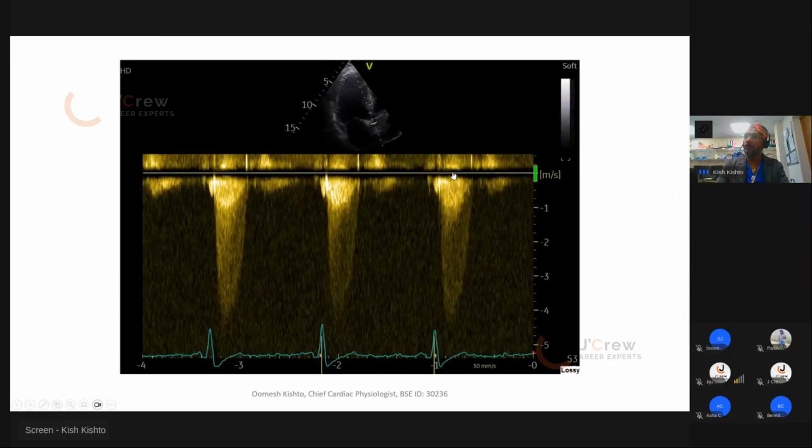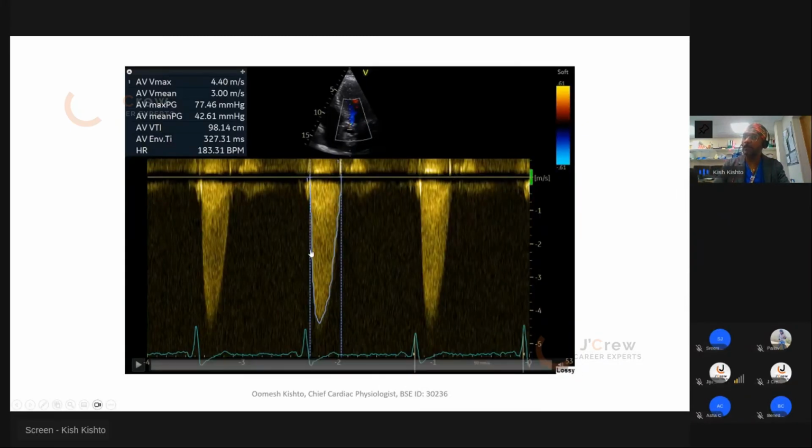Even for the apical 5 chamber, I made sure I try very hard so that my AV is aligned perpendicular with the probe. The more perpendicular you are aligned with it, the better Doppler profile you will get.